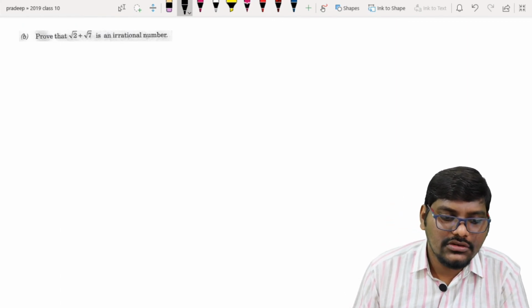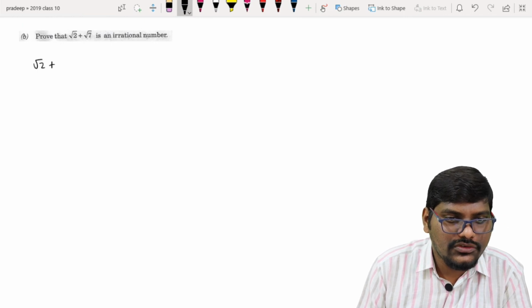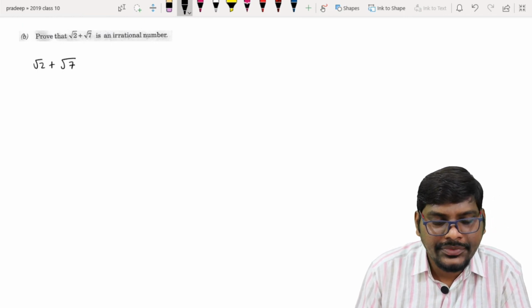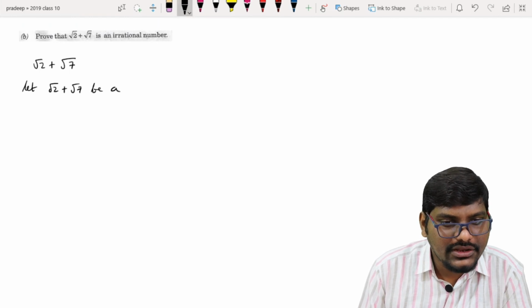Alright, so the given thing is root 2 plus root 7. So let root 2 plus root 7 be a rational number, we'll take.